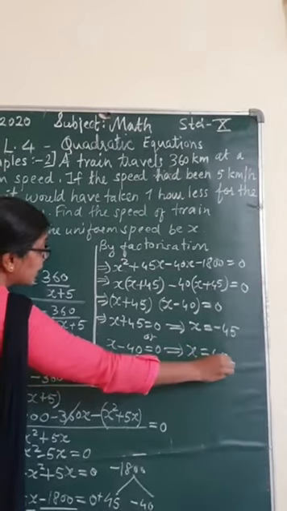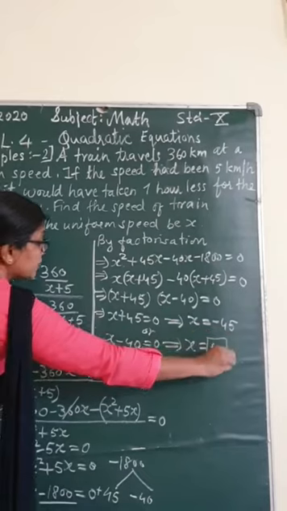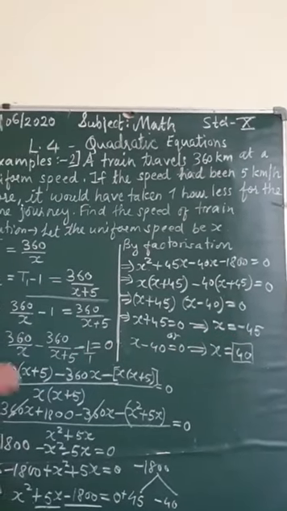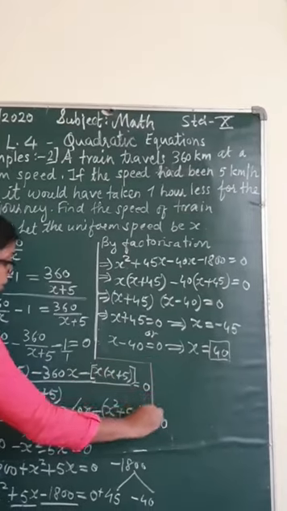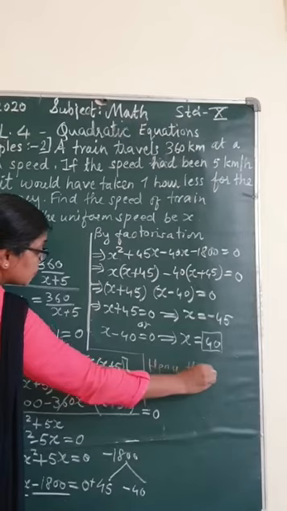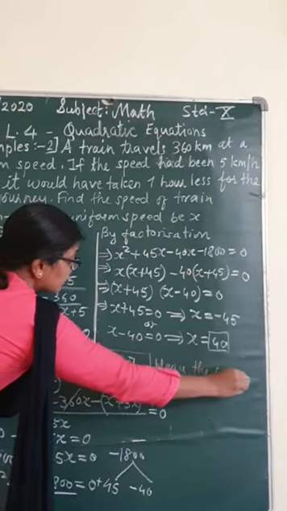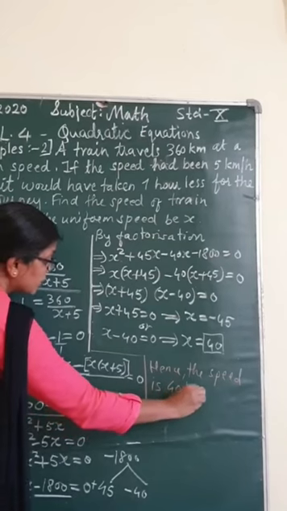Now you know that speed cannot be negative. So our required root is 40. Hence we can say the speed is 40 kilometers per hour.